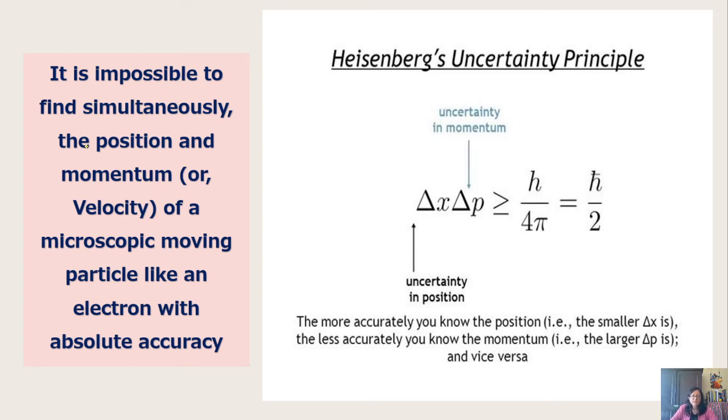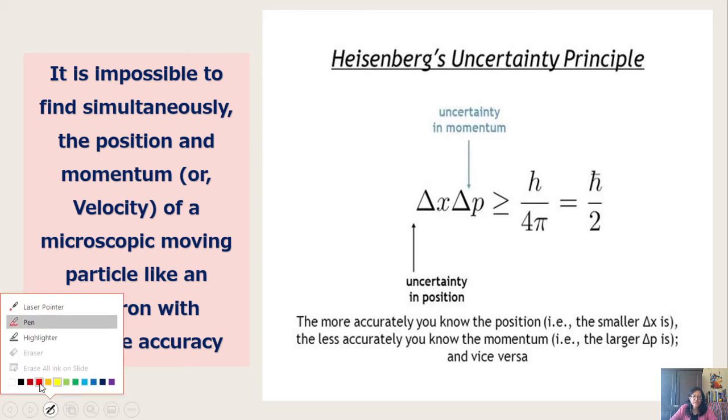Stating the Heisenberg's uncertainty principle, we can say that it is impossible to find simultaneously the position and momentum or velocity of a microscopic moving particle like electron with absolute accuracy.